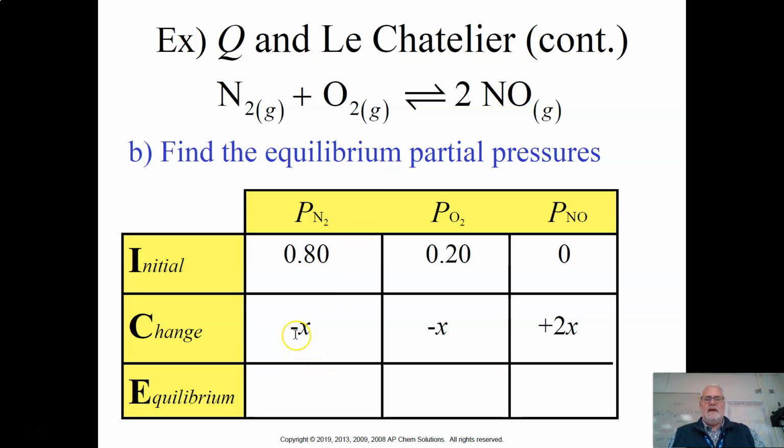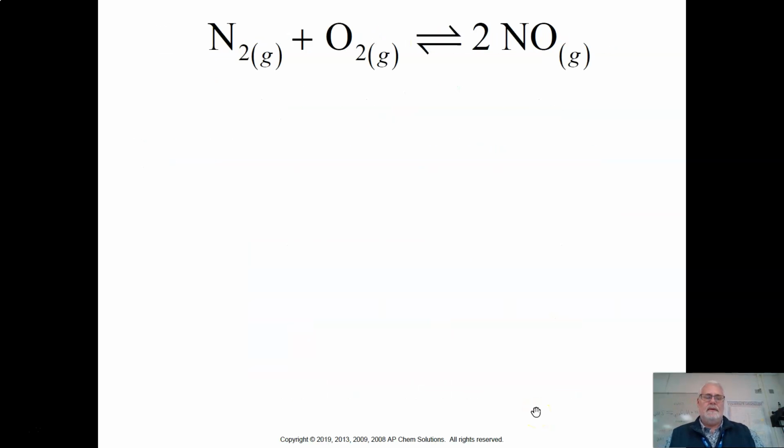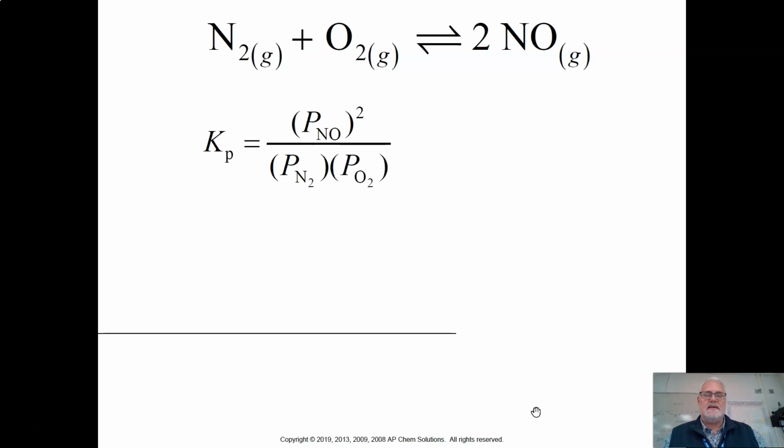So you can see here minus x, because they're disappearing on this side, and then you get the plus 2x on that side, and then you just combine the initial and the change to get these little equations, and that's what you can now plug into, boom, the Kp, so you'll be using parentheses.